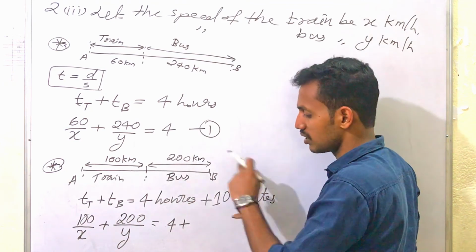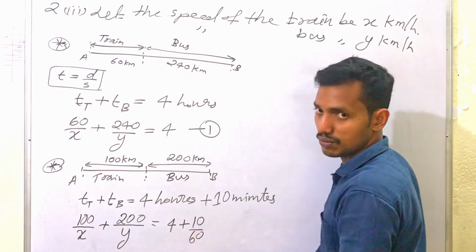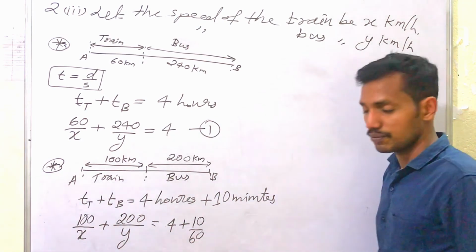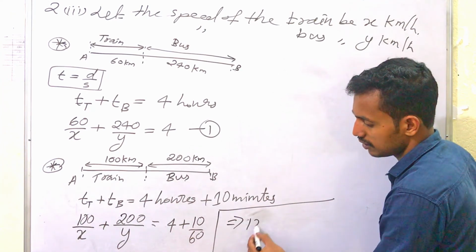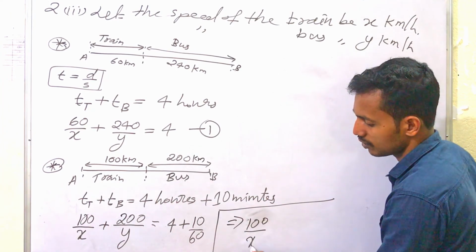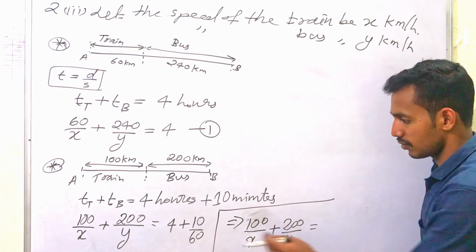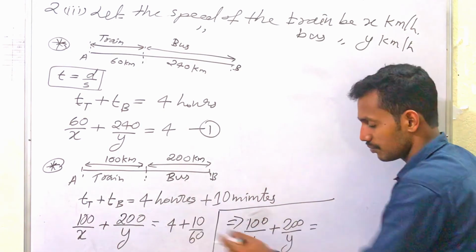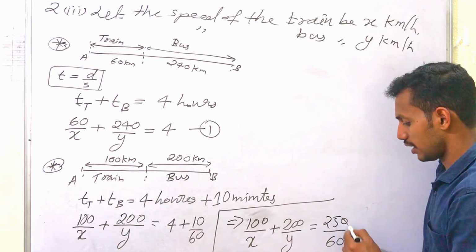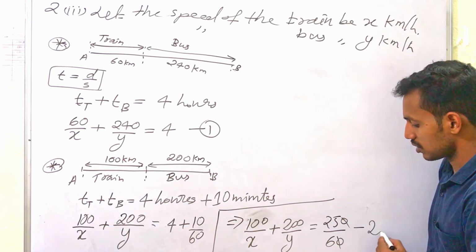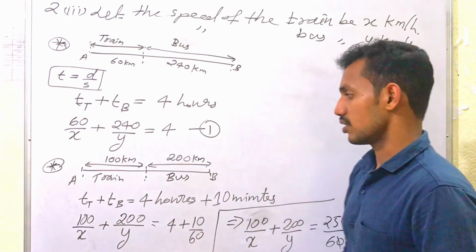So better to convert this minute into hour, that will be 10 by 60, because 1 hour is equal to 60 minutes. That implies 100 by x plus 200 by y is equal to, what will we get? 250 by 60. Cancel, we will get 25 by 6. These are the two equations we have got from this question.